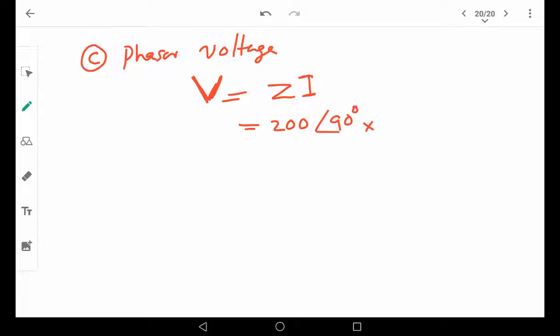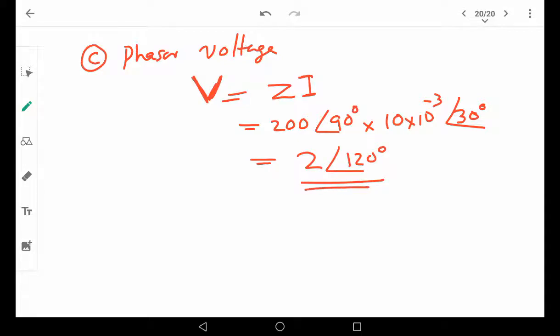It is 10 into 10 raised to minus 3 angle 30 degrees. When you are multiplying two phasors, you simply add up the angles. Multiply 20 into 10 into 10 raised to minus 3, that is 0.2. So it will be 0.2 angle 120 degrees. That's the phasor for the voltage.